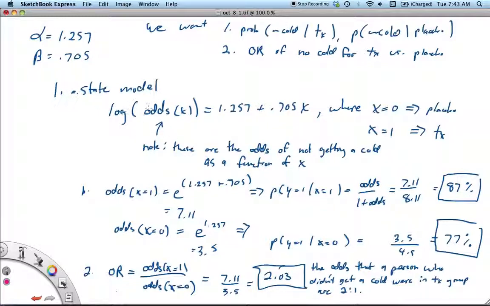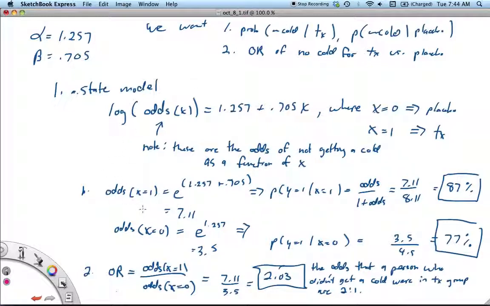We know that the log of the odds as a function of x is equal to alpha plus beta x, where x equals 0 implies that you're in the placebo group, and x equal to 1 implies that you are in the treated group. Note that these are the odds of not getting a cold as a function of x. Okay, fair enough. So we want to get these probabilities.